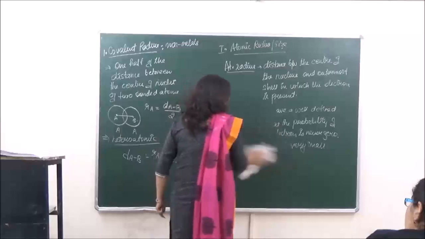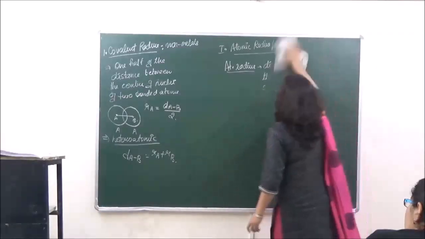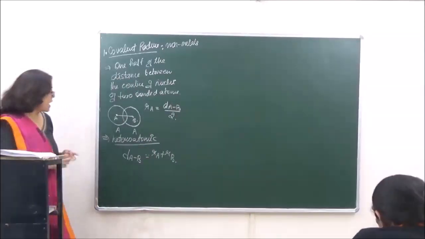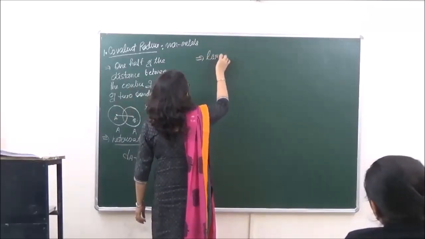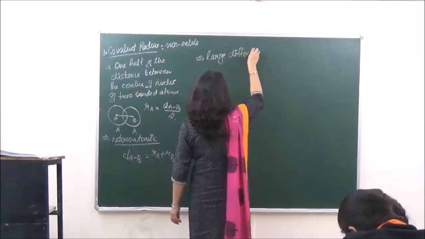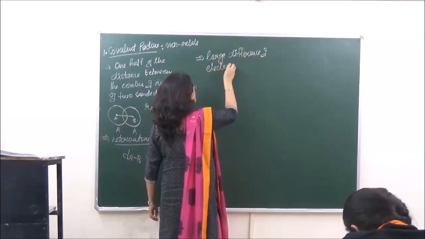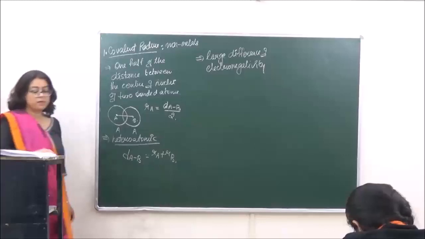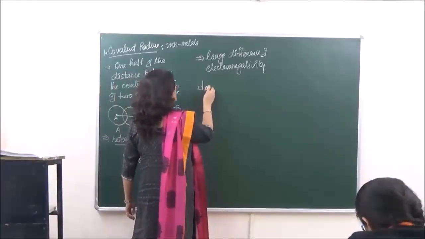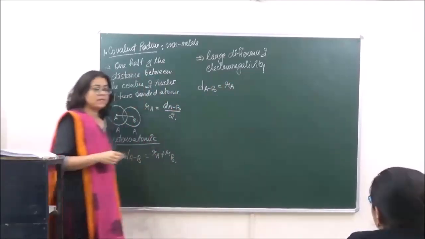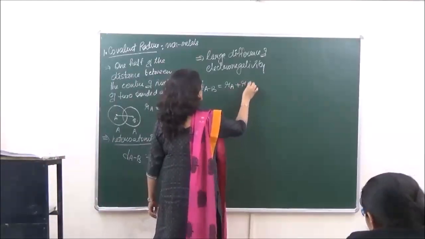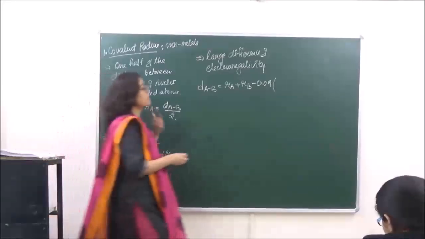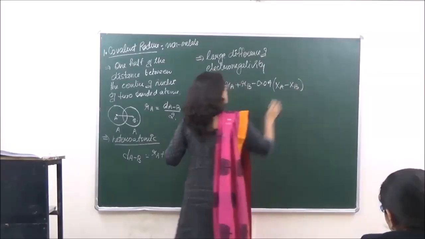Okay, now if there is a lot of electronegativity difference between the two heteronuclear atoms, so we are saying that if there is a large difference of electronegativity between the two atoms, then the distance DAB is equal to RA plus RB minus 0.09, this is a constant figure, 0.09 times XA minus XB.